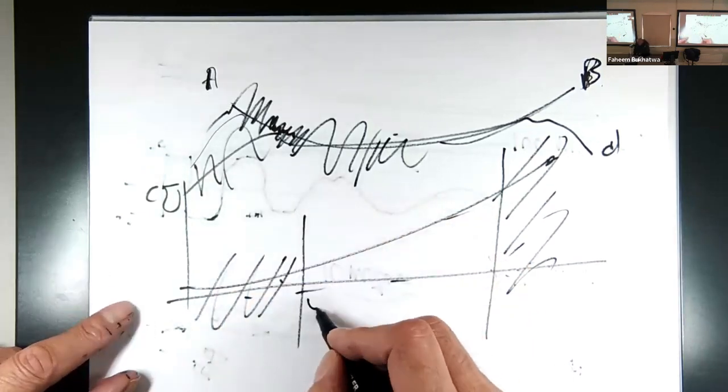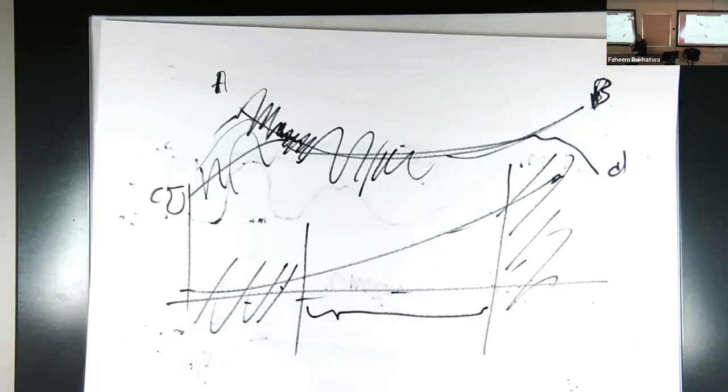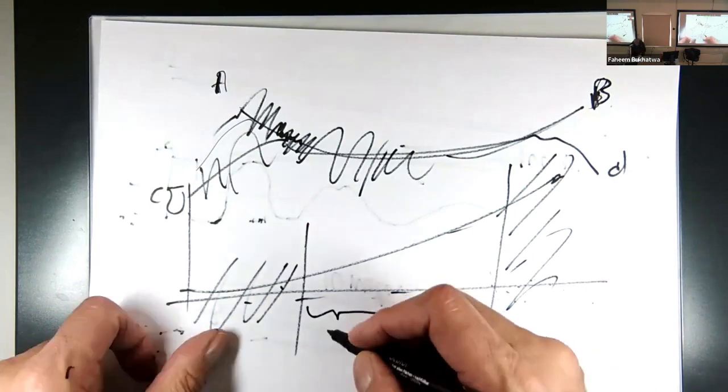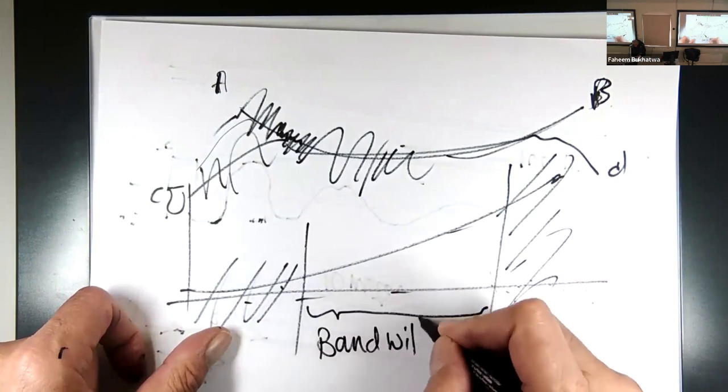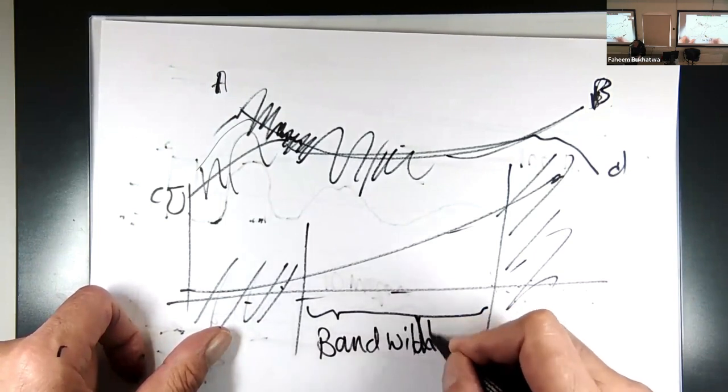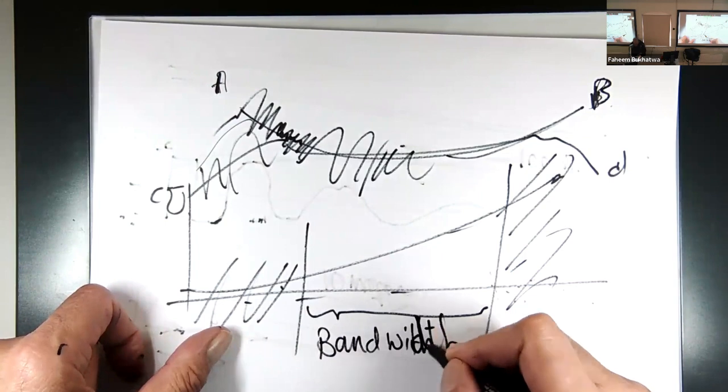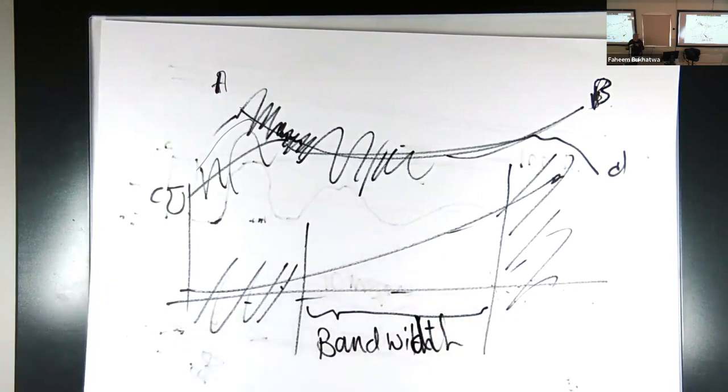So there is a usable range of frequencies for any material, any type of wire. And that range of usable frequency is known as the bandwidth. So what's the bandwidth? It is the range of usable frequencies that can be used on this cable.